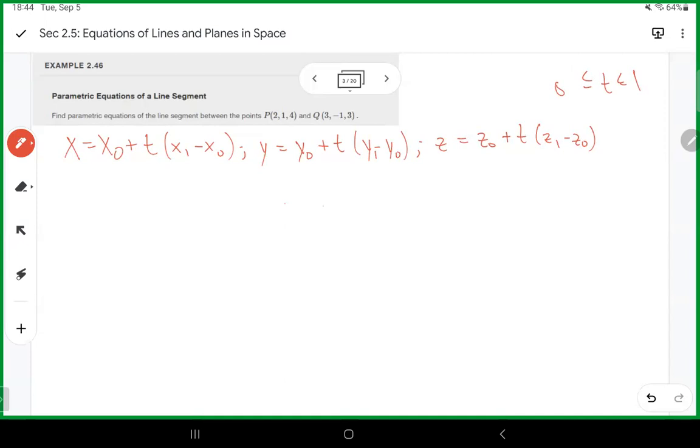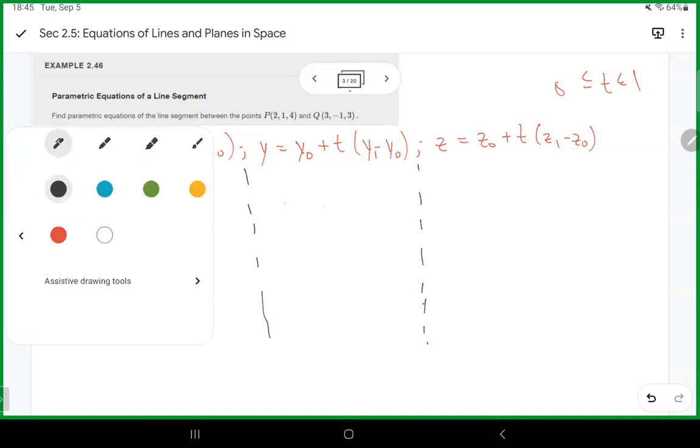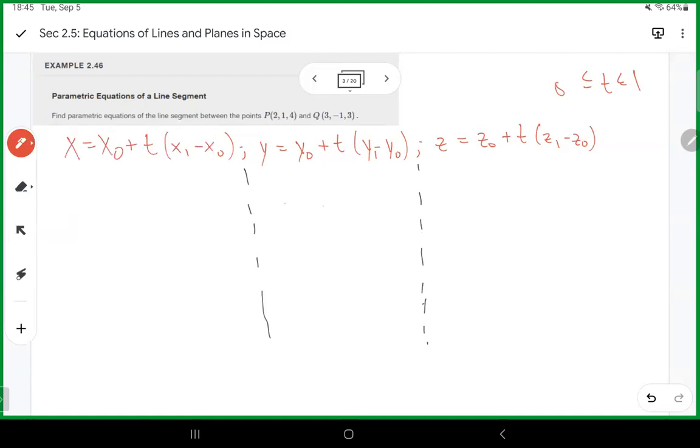Okay. All right, working with each component separately, we get the following. So I'm just going to go straight down each one. That seems like the easiest thing, in my opinion, to do. So we would get x is equal to 2 plus t times (3 minus 2). So x is equal to 2 plus t.